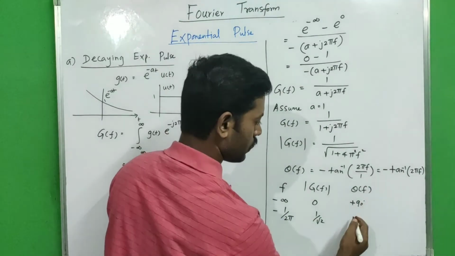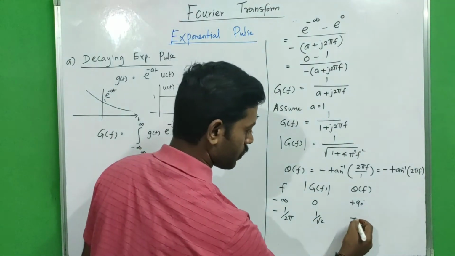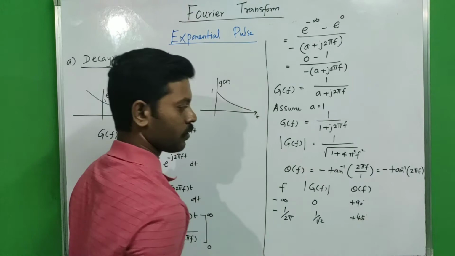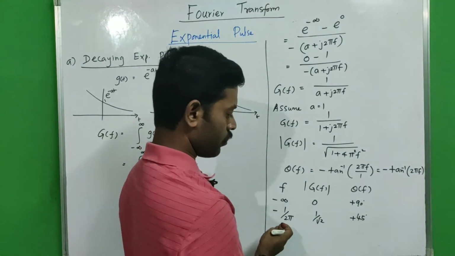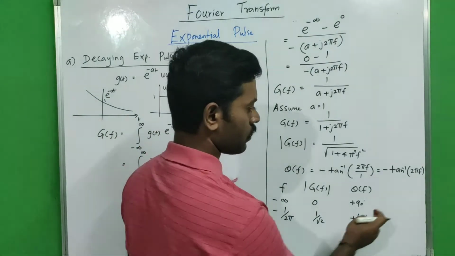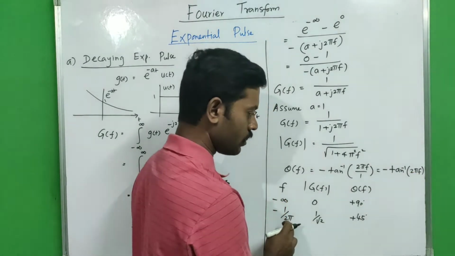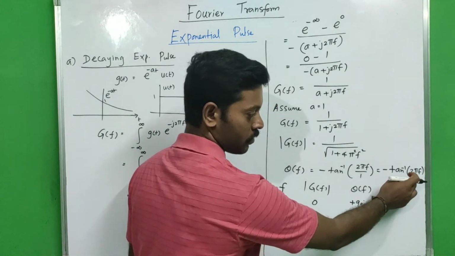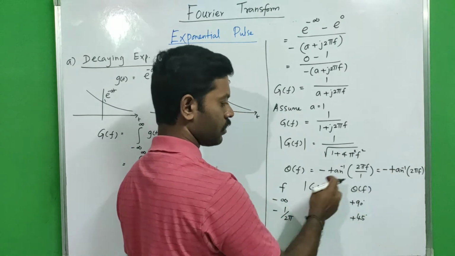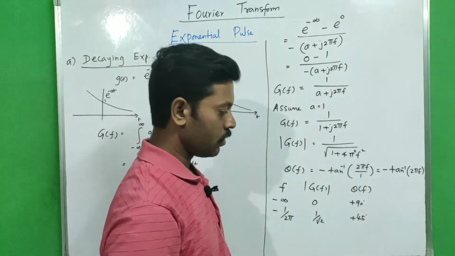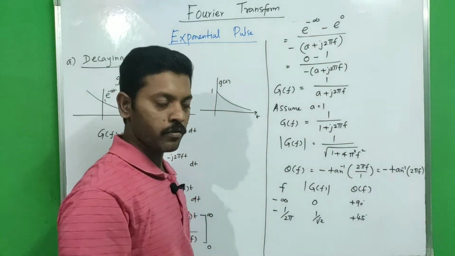And here we get tan inverse of 1, which is plus 45 degrees. Now apply f equal to minus 1 by 2 pi. Here the 2 pi will cancel, and minus will be there. If you take the minus outside, then theta becomes tan inverse of 1, which equals plus 45 degrees.